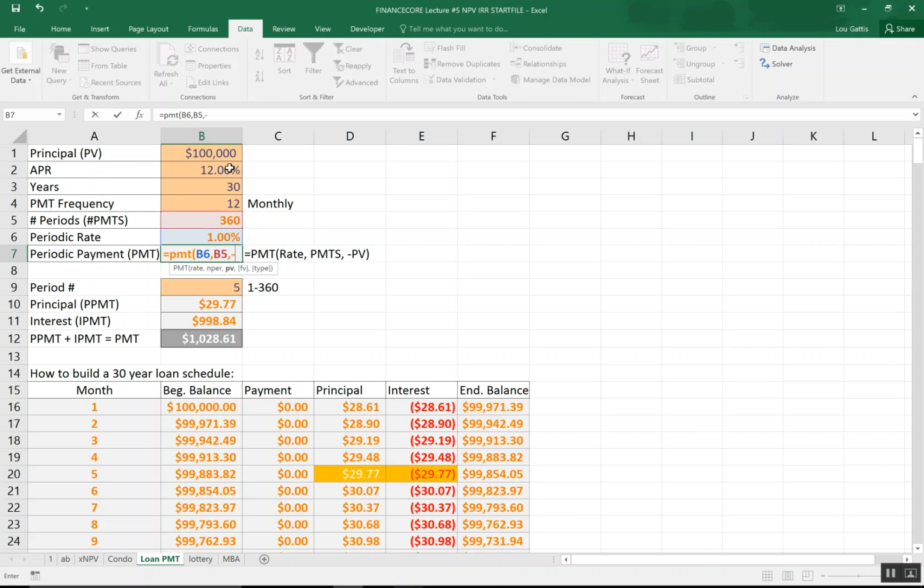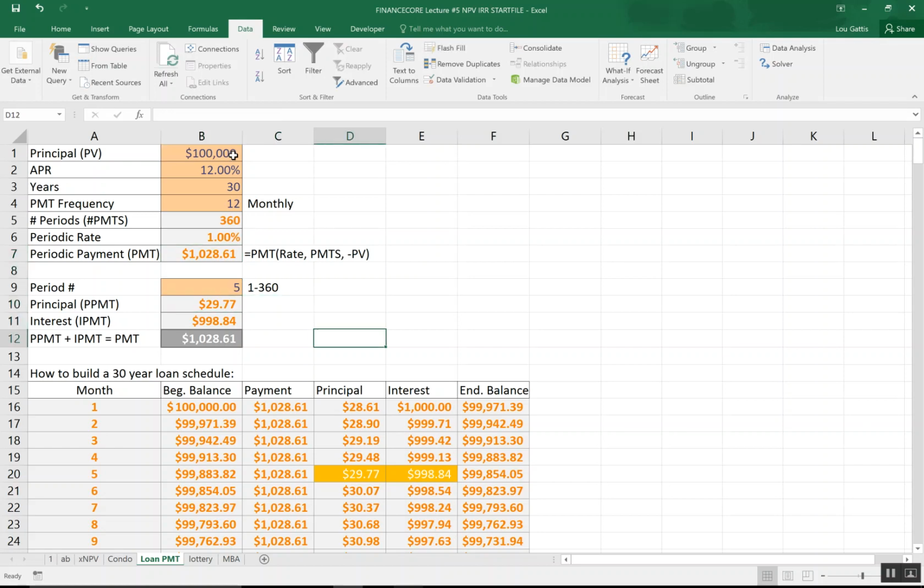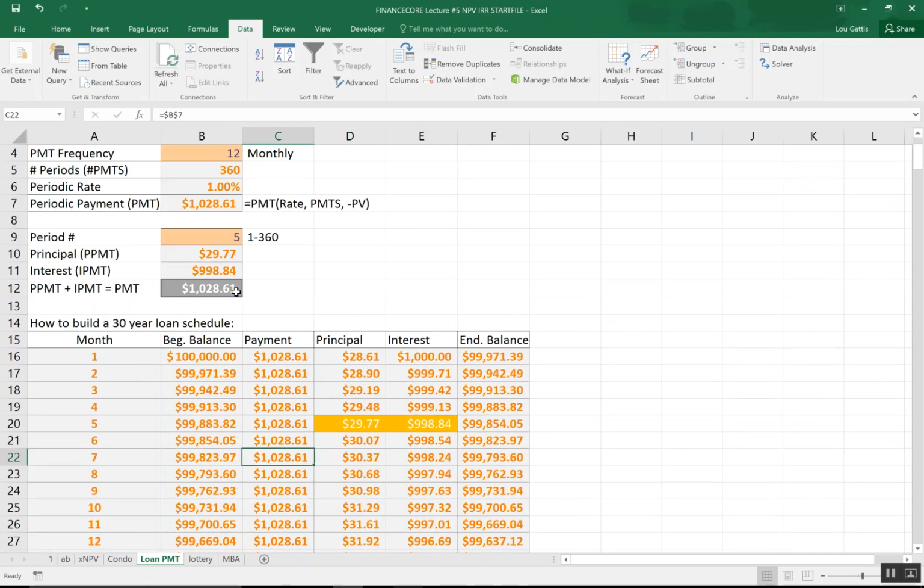I'll put in a negative $100,000 as the present value. And there you have the monthly payment of $1,028. And now I could set up a payment schedule. There's my total payment for 360 months. And I can figure out the principal and interest in each payment.